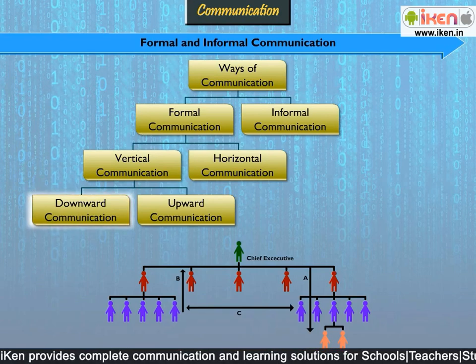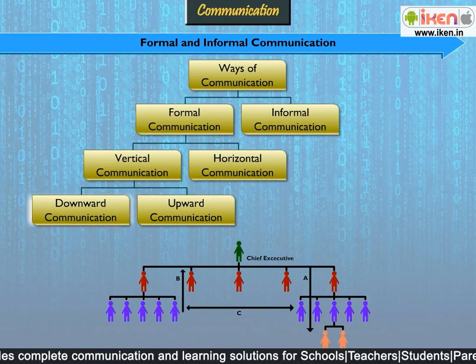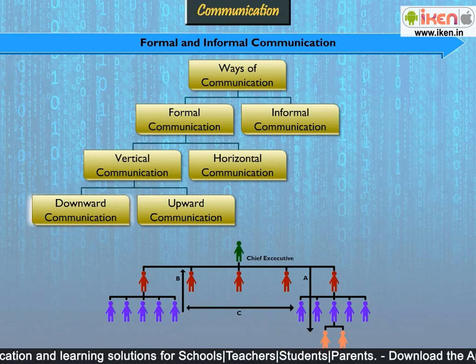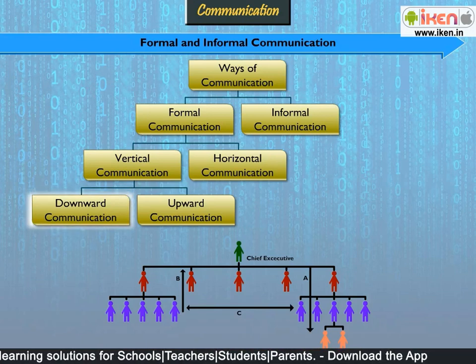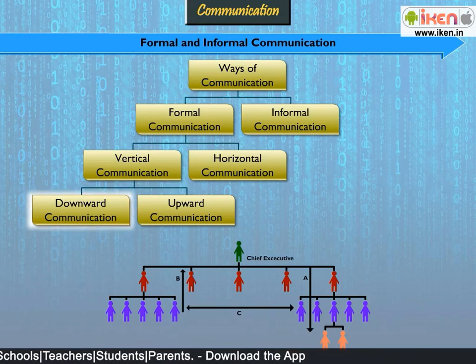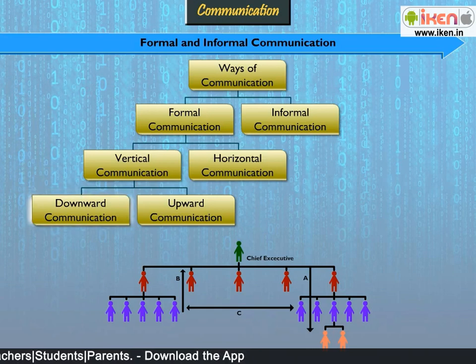For example, sending notice to employees to attend a meeting, ordering subordinates to complete an assigned work, passing on guidelines framed by top management to the subordinates, etc. It is explained by arrow A in the organization chart.